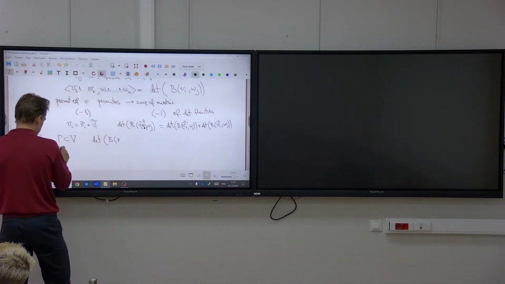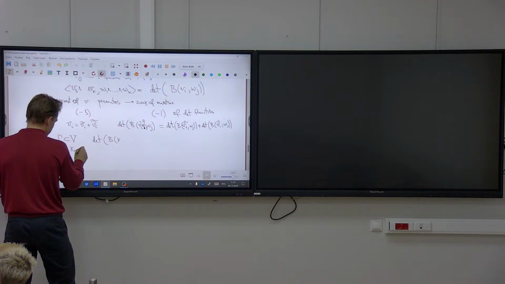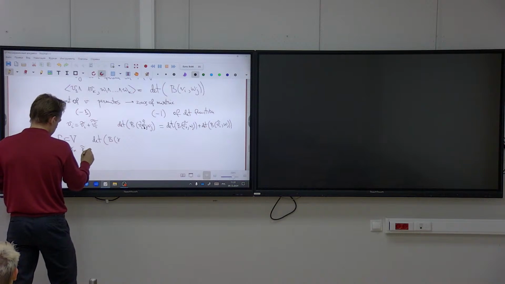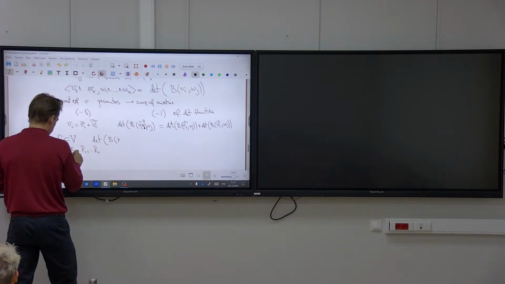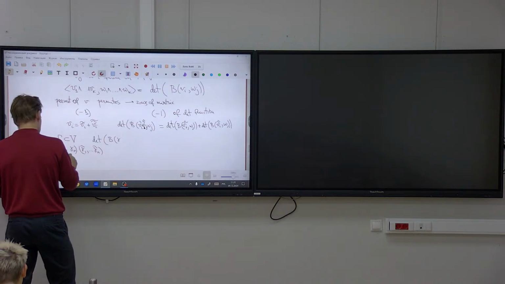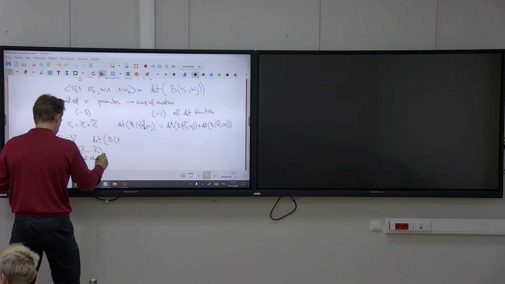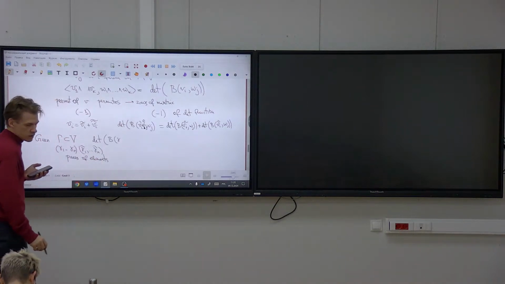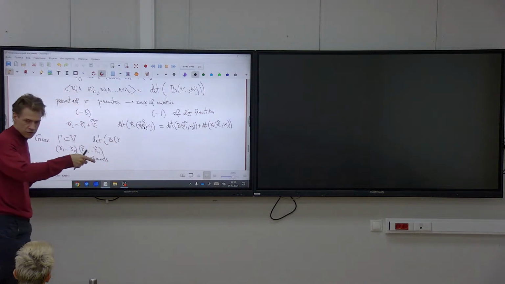You can pick a collection of bases gamma 1, ..., gamma n, and also gamma 1 tilde, ..., gamma n tilde. You can consider pairs of elements and apply the bilinear form to them.